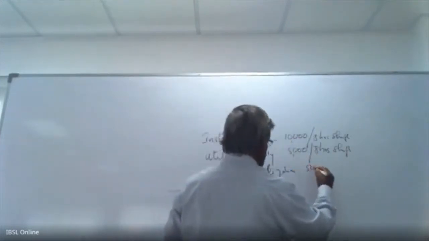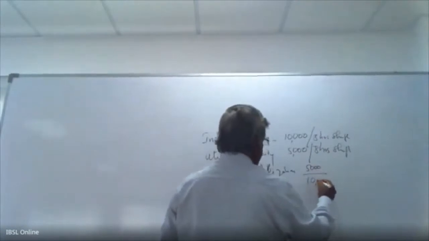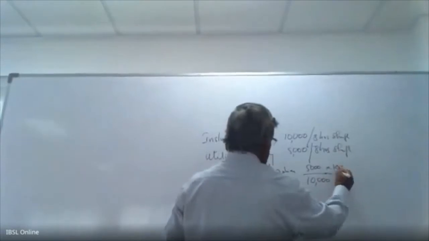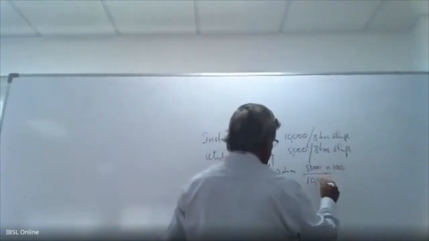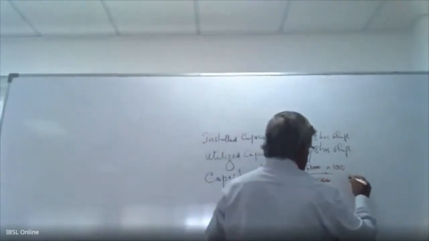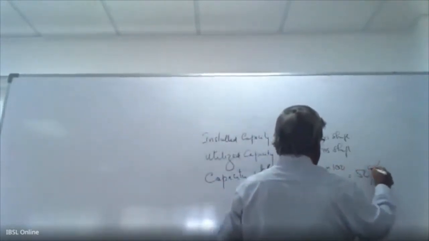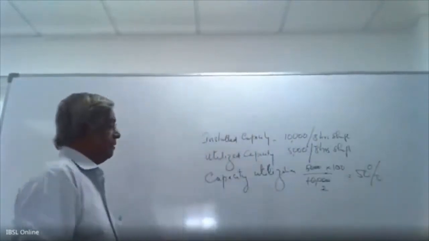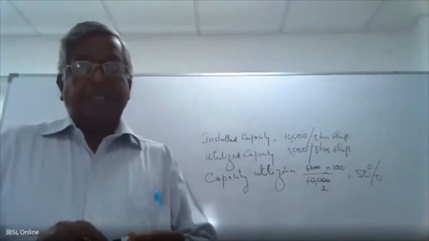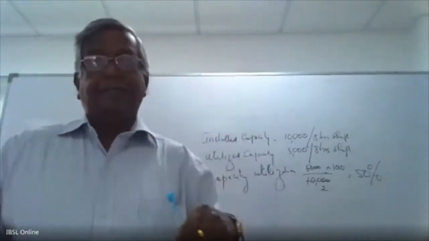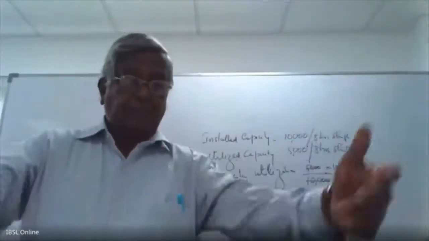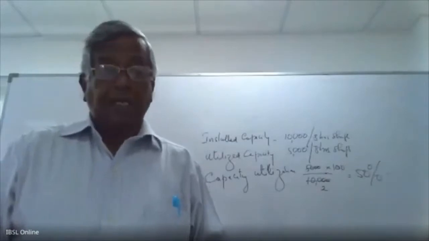That is 5,000 divided by 10,000 into percentage, which is equal to 50%. Capacity utilization is 50%. So we know this machinery is underutilized. So when you are doing inspection, find out what the installed capacity of that particular machinery or plant is.